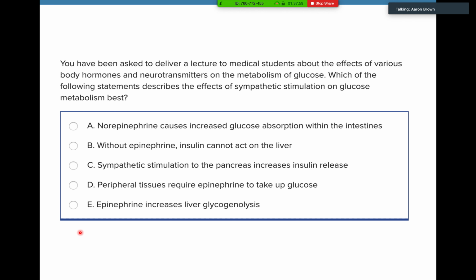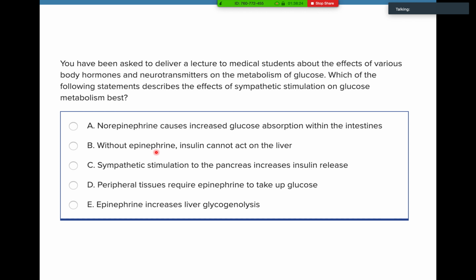You've been asked to deliver a lecture to medical students about the effects of various body hormones and neurotransmitters on the metabolism of glucose. Which of the following statements best describes the sympathetic stimulation on glucose metabolism? A. Norepinephrine causes increased glucose absorption within the intestines.